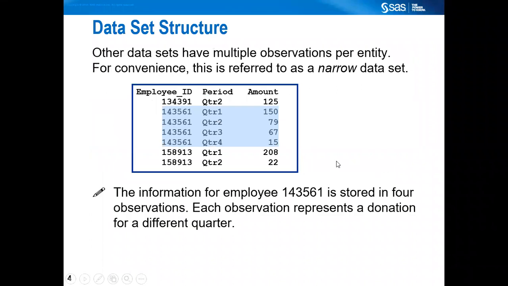So you have rotated it in this way, and hence this type of structure you call a narrow data set. It's a data set which has multiple observations per entity. So for each employee you have multiple observations. Hence, this table is referred to as a narrow data set. All right, understood the structure of the data set? Yes. Okay, very simple.